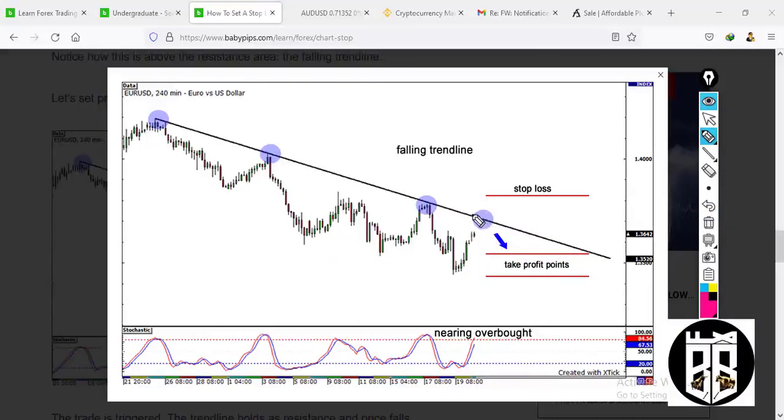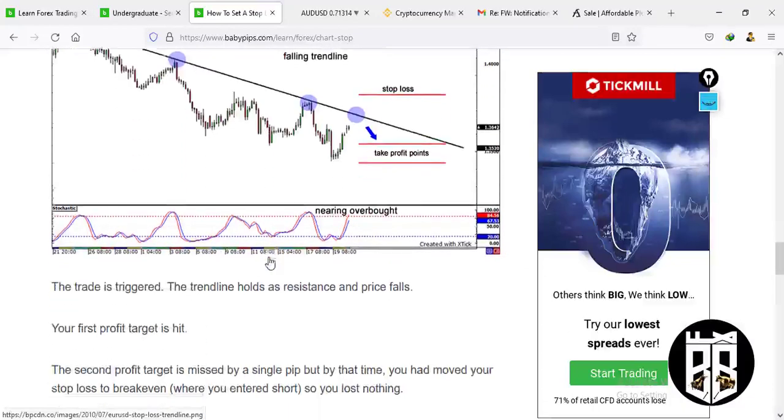Your entry can be placed here. You expect price to come and touch this black trend line again, which is acting as resistance. Then your stop loss can be here, and then you can have take profit 1 and take profit 2. So now let's see if this trade went according to plan.